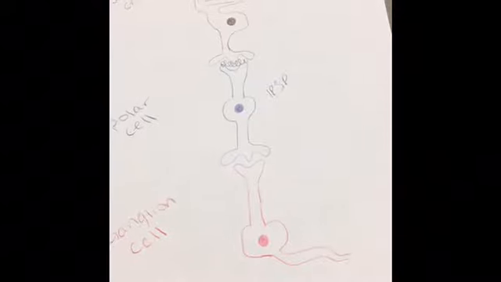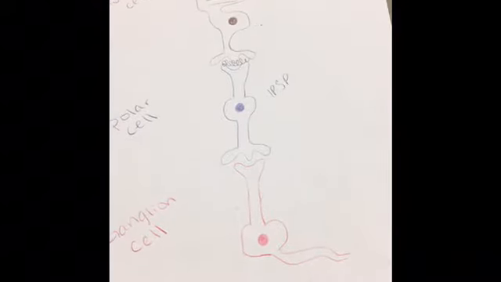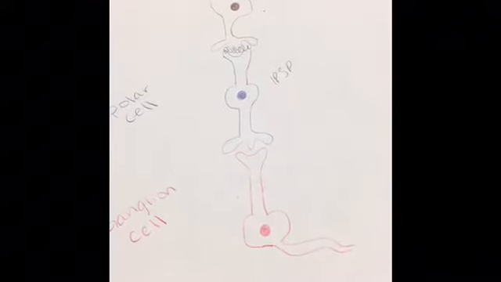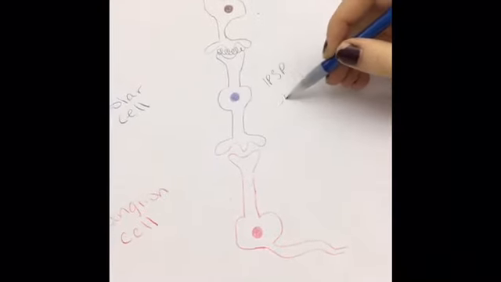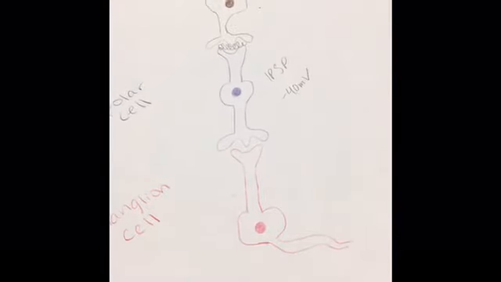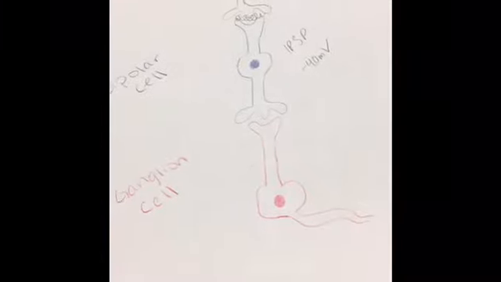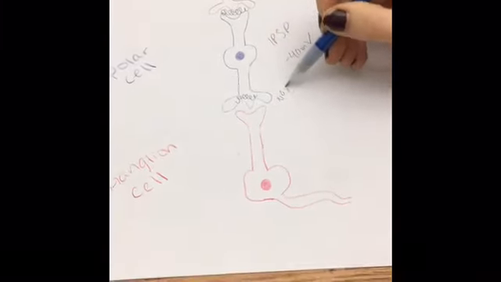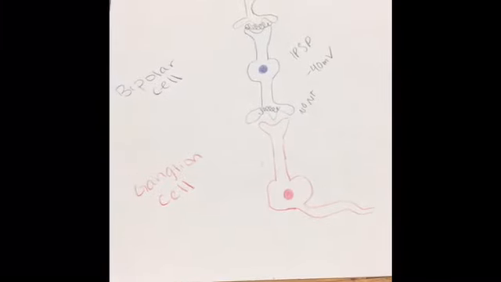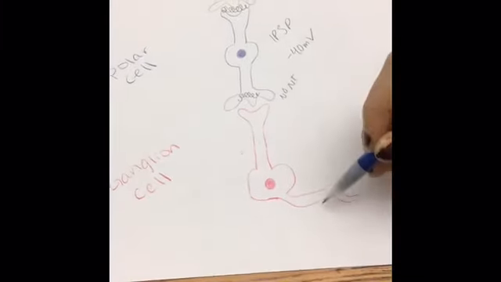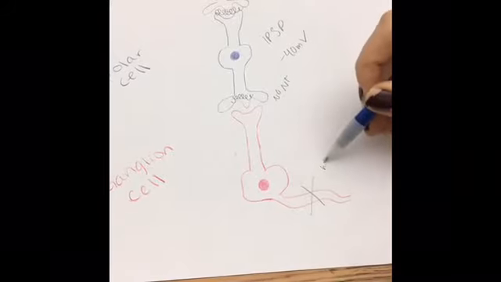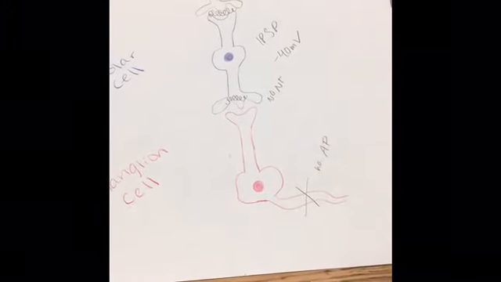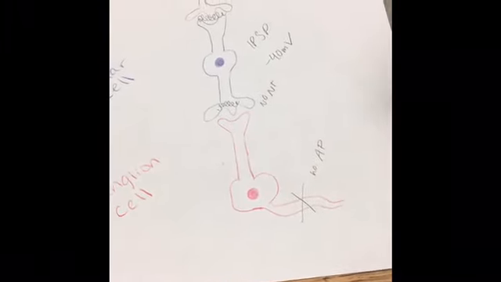The membrane potential will be around negative 40 millivolts. This will result in no neurotransmitters being released from the bipolar cell. No neurotransmitters being released onto a ganglion cell from the bipolar cell will result in no action potential and therefore no stimulus being sent to the brain.